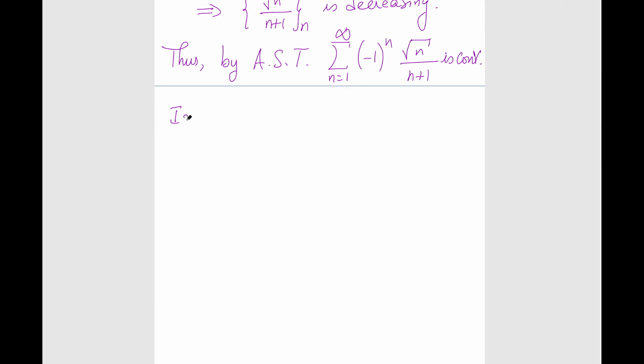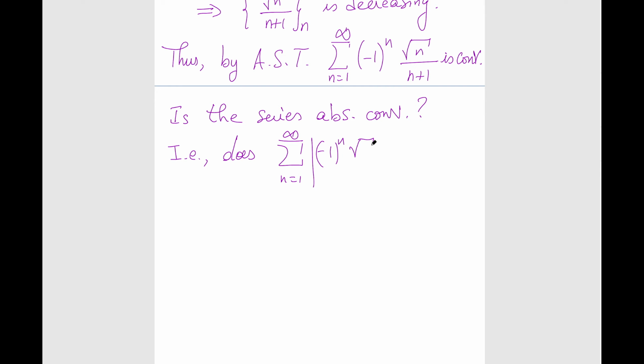So is that series absolutely convergent? Is the series absolutely convergent? I'm asking. That is to say, does this series with the absolute values of the terms of that original series, which is the same as the series here, converge?